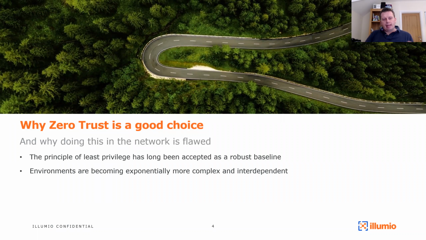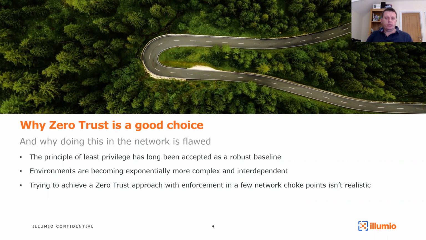But the problem is that as environments are becoming exponentially more complex and interdependent, it's becoming harder and harder to achieve that approach using network choke points. As the environment becomes more complex, the number of east-west flows and dependencies increases, and it becomes really challenging from a network perspective to do enforcement based on choke points.